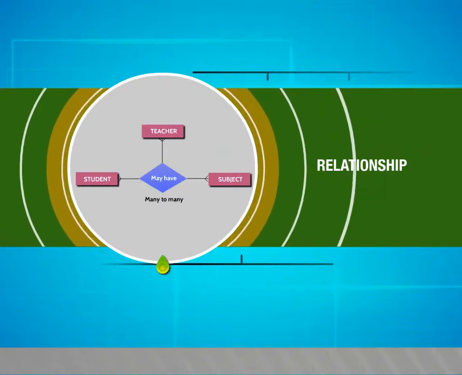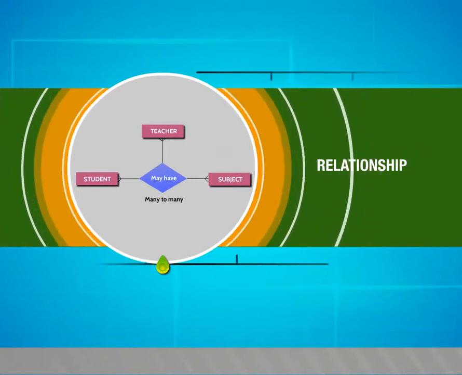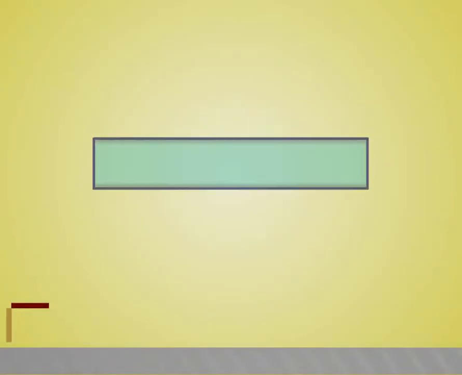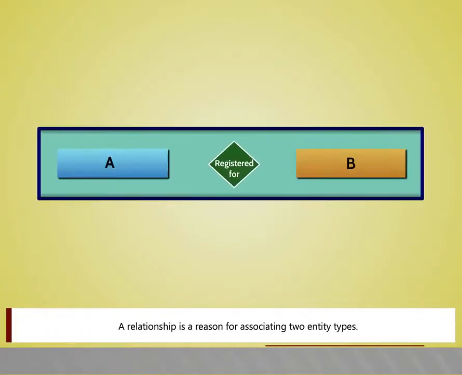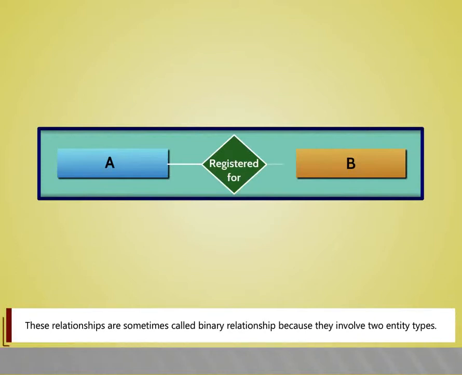Relationship. In this video, we are going to see about relationship. A relationship is a reason for associating two entity types. These relationships are sometimes called binary relationships because they involve two entity types.